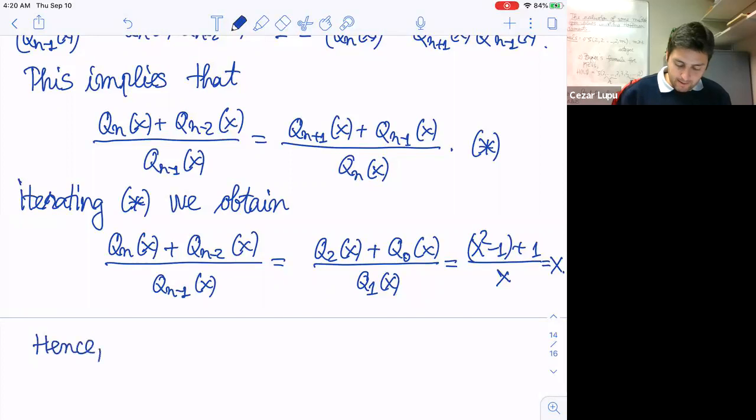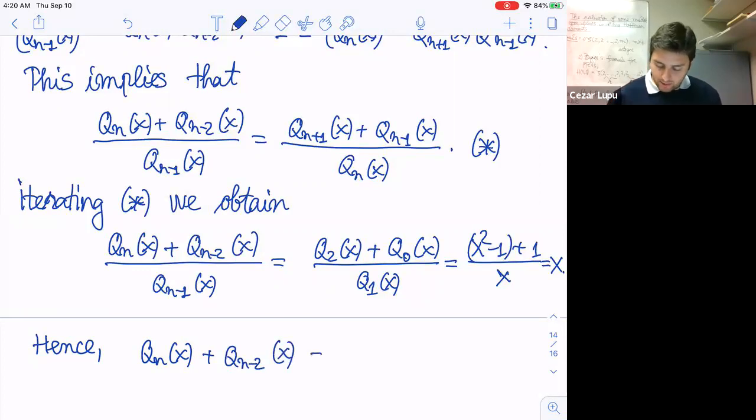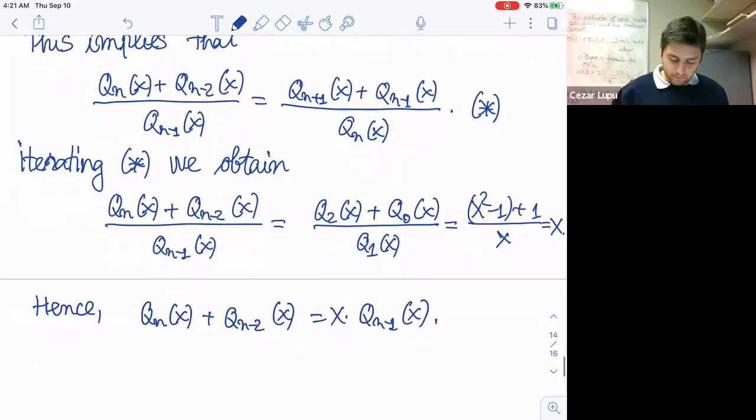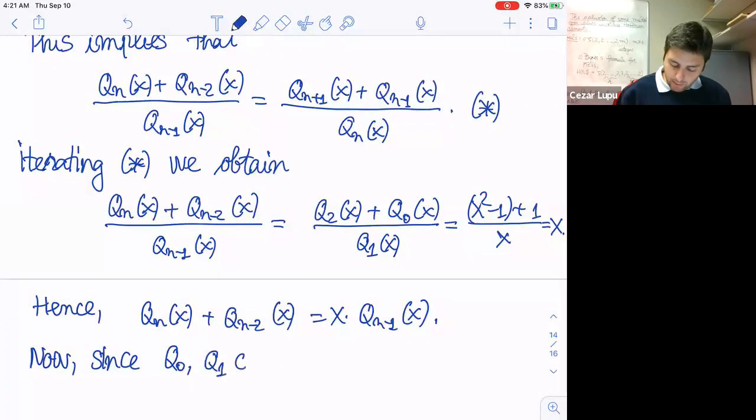Hence, we have that qn of x plus qn minus 2 of x is nothing other than just x qn minus 1 of x. Now, since q0 and q1 are both with integer coefficients, it's quite clear what will happen at this point.